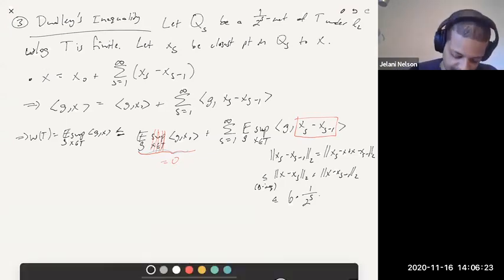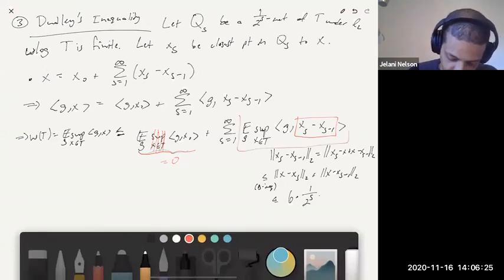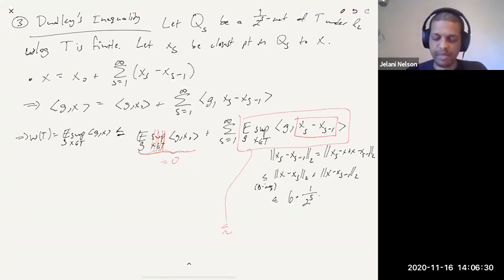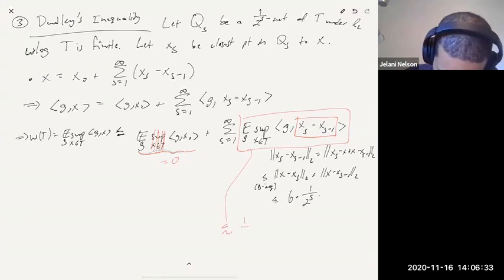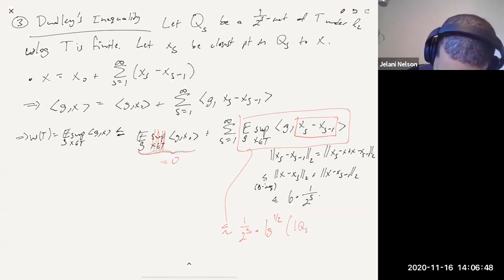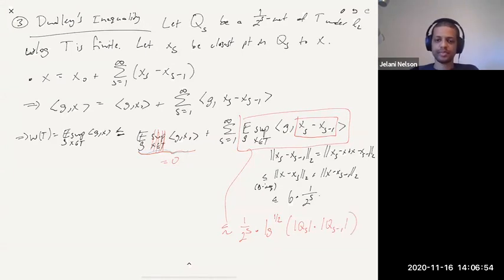So all I'm trying to say is that this thing is at most the max norm of anything in there, which is 6 over 2 to the s, times square root log of the number of vectors of the form xs minus xs minus 1. The number of such vectors is at most the size of Qs times the size of Qs minus 1. Qs is a finer net than Qs minus 1, so Qs is bigger.